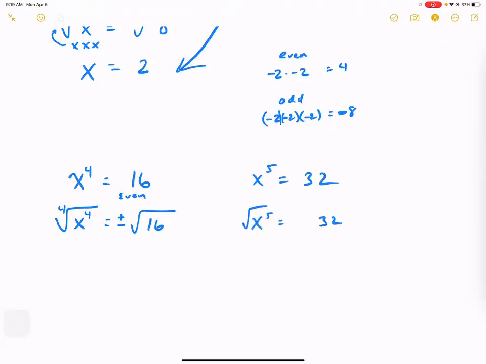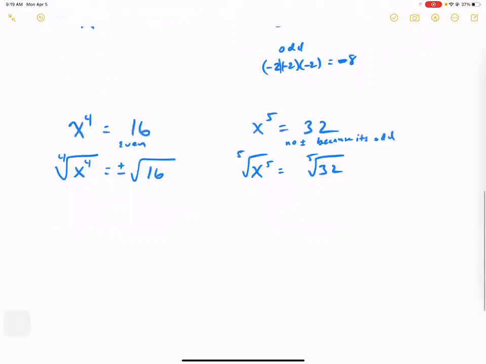On our right, I'm going to do my radical on both sides. And I'm going to use a 5 to get rid of the 5th exponent here, right? But we do not include a plus and minus because it's odd. Because if it was negative, that negative would have shown on the other side. So this is x, right? These cancel out, becoming plus and minus 2.